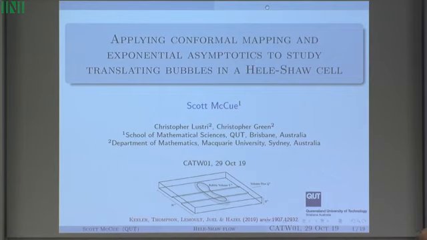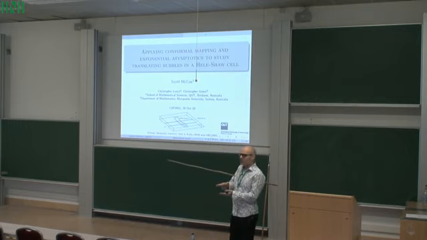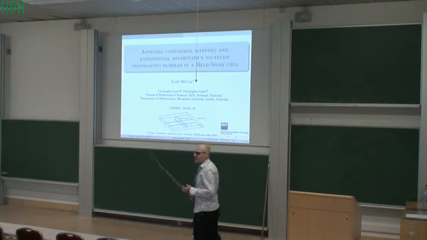And the application here is to flow in a Hele-Shaw cell. For those of you who don't know, a Hele-Shaw cell is an experimental apparatus made up of two flat plates, normally parallel, held close together, with viscous fluid sandwiched in between them.